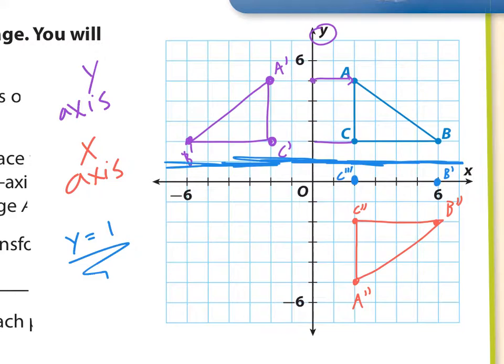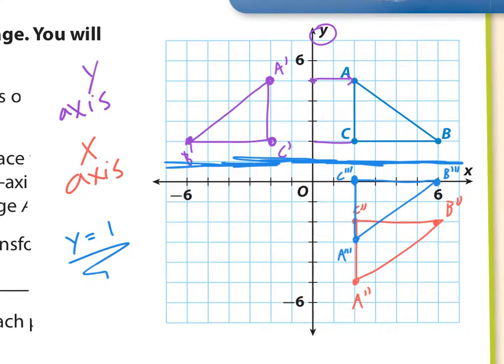That's my new B. Instead of up 1, 2, 3, 4, I'll go down 1, 2, 3, 4. And there's my new A. Connect those. And now I've reflected over y equals 1 instead of reflecting over the x-axis. That's every kind of problem you could see with reflection. They're really not that bad.